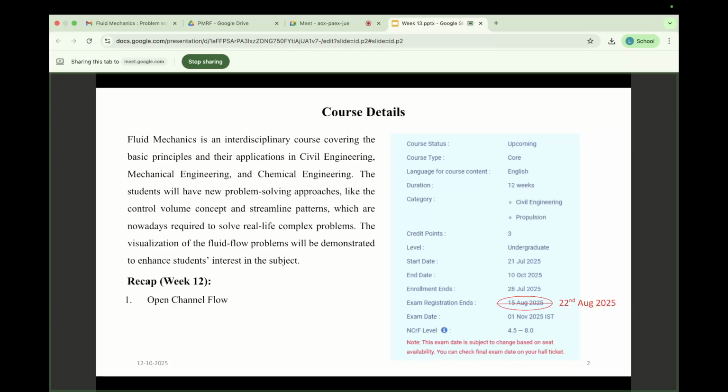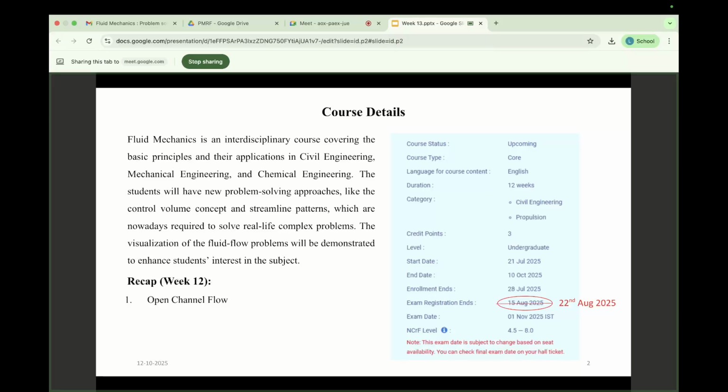In the last week, we discussed open channel flow, which is our last module for this semester, and how the Reynolds number varies for open channel flow and pipe flow.